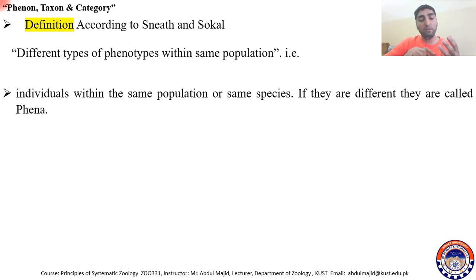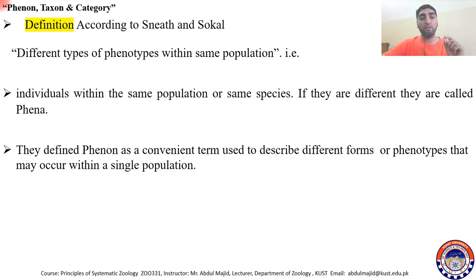And then if 20 students have curly hair and 30 students have straight hair, so again the curly hair is different from the straight one, and the straight one is different from the curly one. So 20 students have curly hair, and that is a different phena from the straight hair students. There are 30 students who have straight hair, so there is another phena.